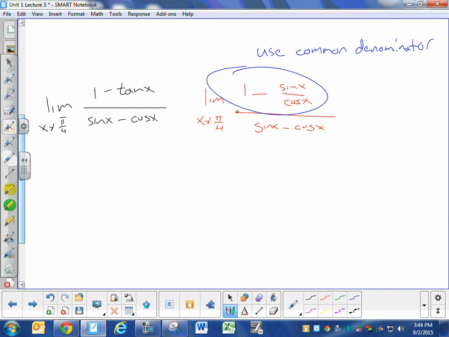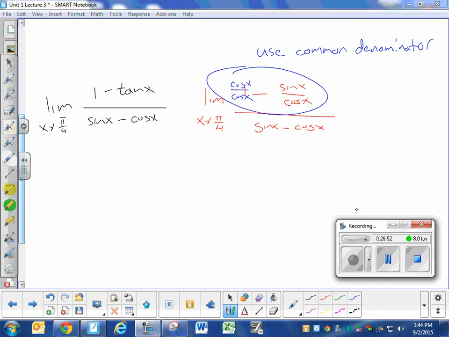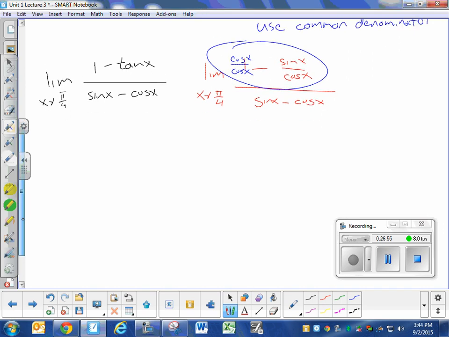Okay, which means this should be cos x over cos x, and then go from there. All right? That's it. I feel like I went too fast, and I might have.